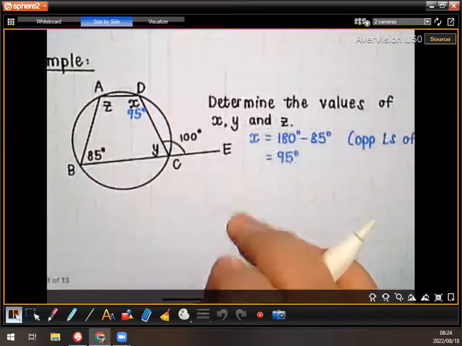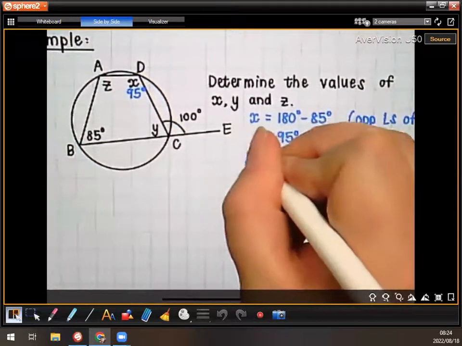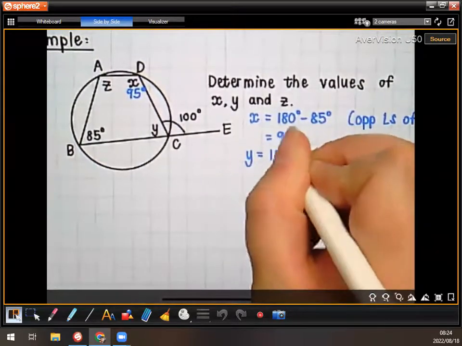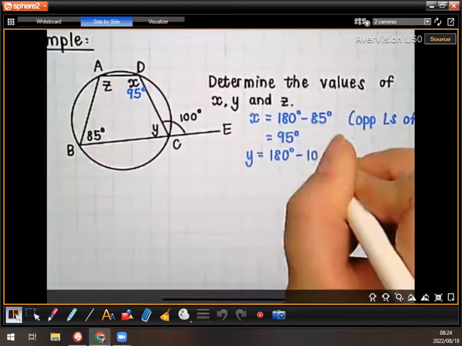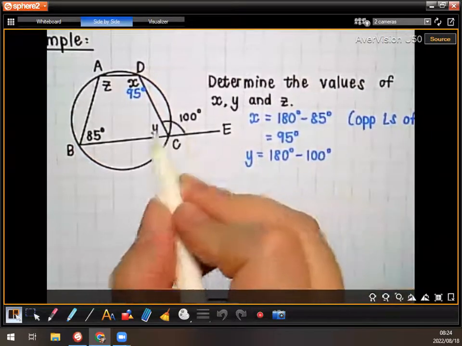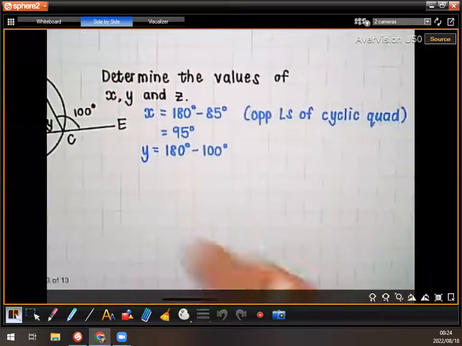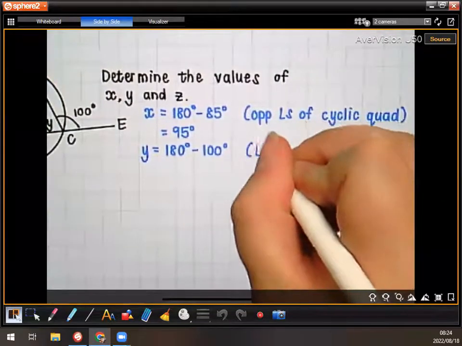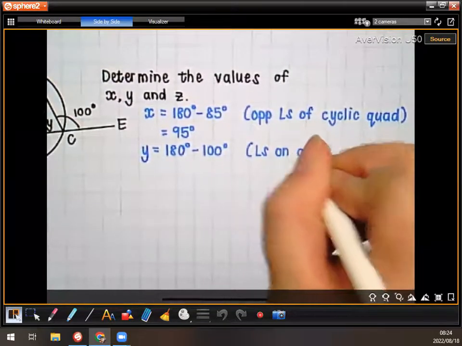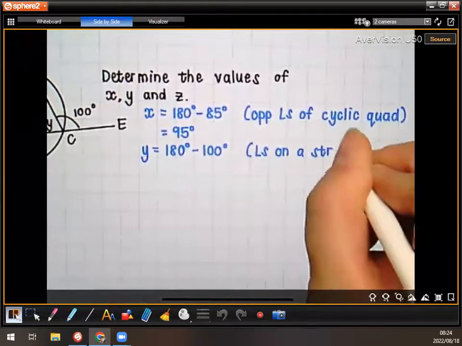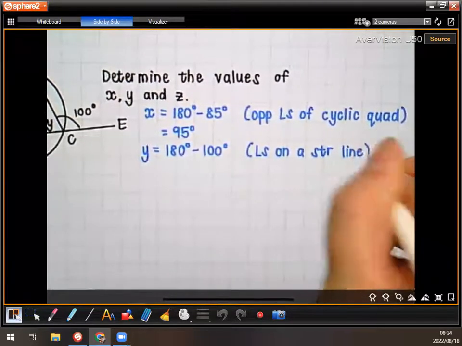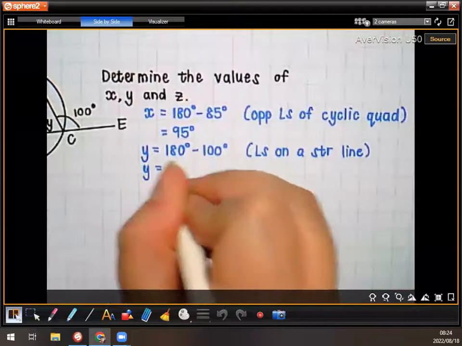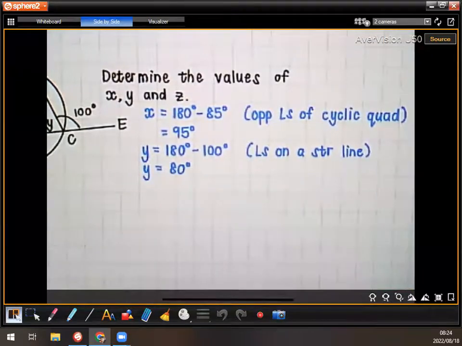So I'm going to say here that y is going to be 180 minus 100, and again, this line you don't have to write down, but you can if you want. The reason is angles on a straight line. So y is then going to be 80 degrees.